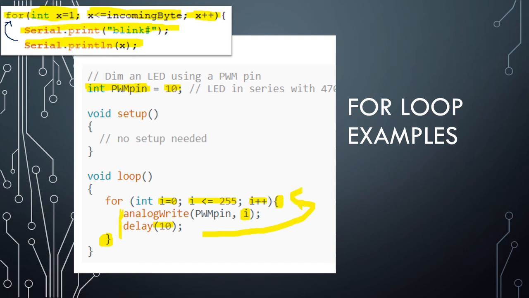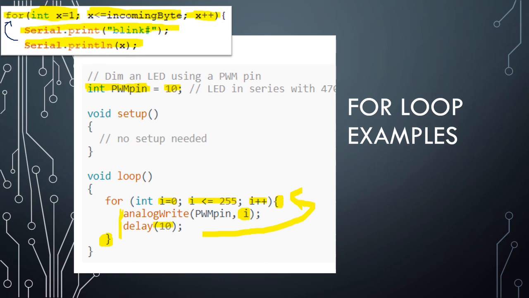You can see i is going to very quickly count up 1, 2, 3, 4, 5, 6, and so on until we get to 255. What that's going to do is slowly brighten the LED connected to this pin because we're analog writing this i value. So that's how we can use a for loop in the context of a program.